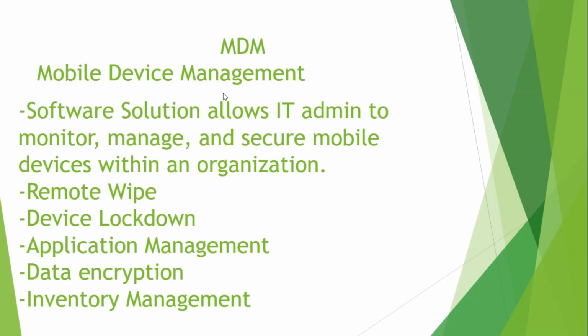They can have control of the applications. If they're like, hey, this phone is only for this particular purpose, we don't want you to put any of your own applications. We're only going to allow certain applications that you require to perform your job duties. Okay, data encryption, that's another important one. Let's just say that the employee didn't even realize they lost their phone.